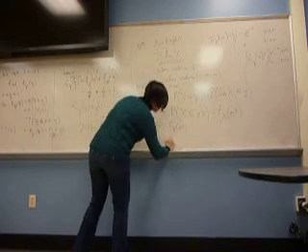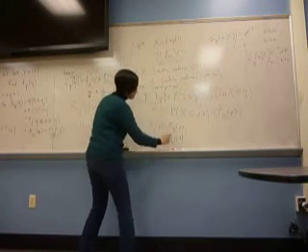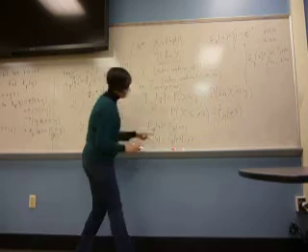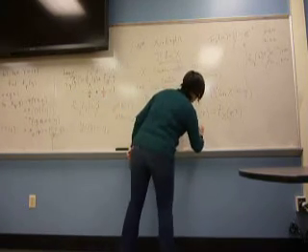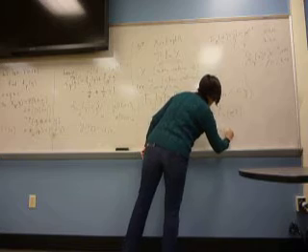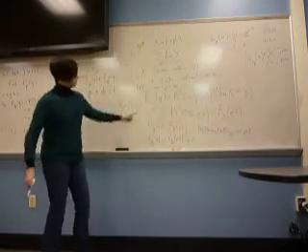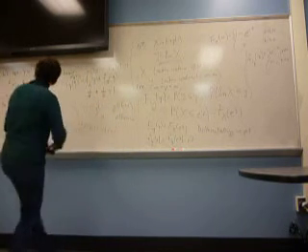Here you get the density function of x at the point e to the y, times the derivative of e to the y, which is e to the y.